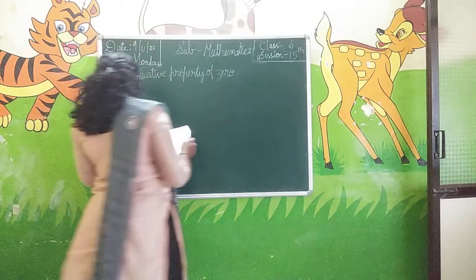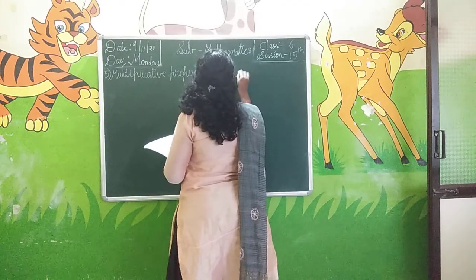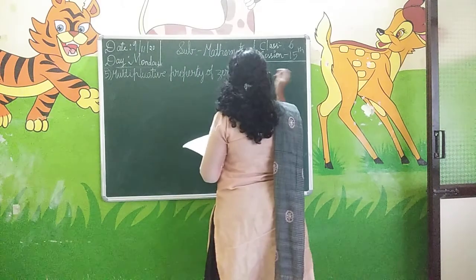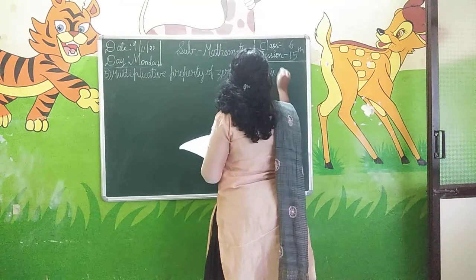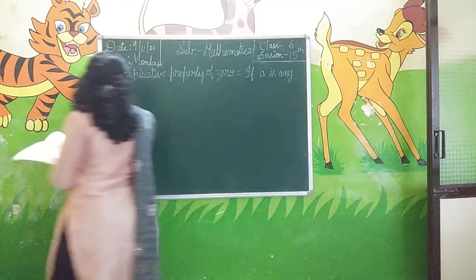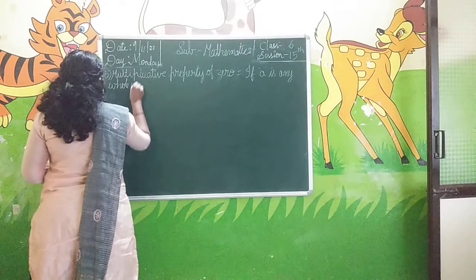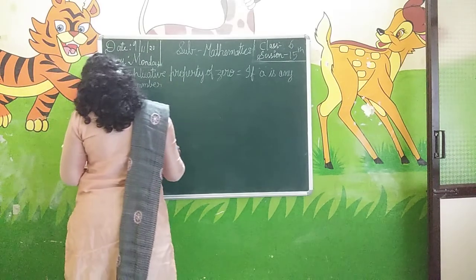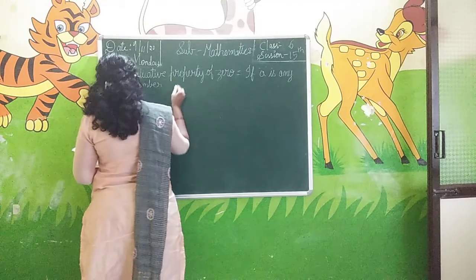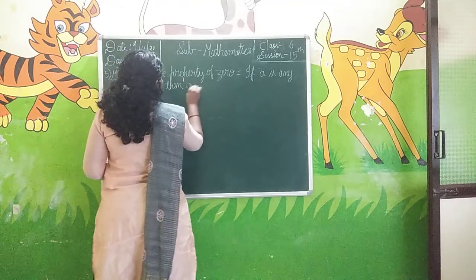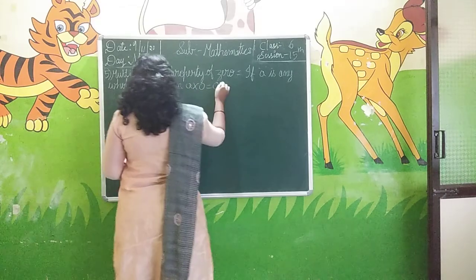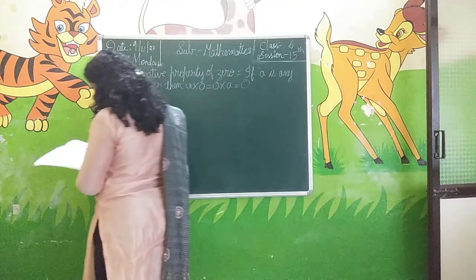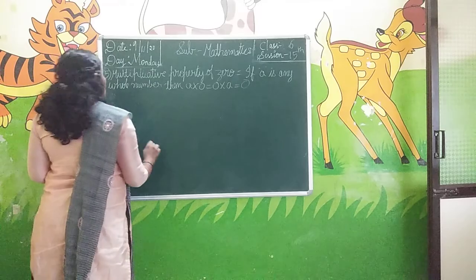That is, if a is any whole number, then a into 0 is equal to 0, and 0 into a is also equal to 0.